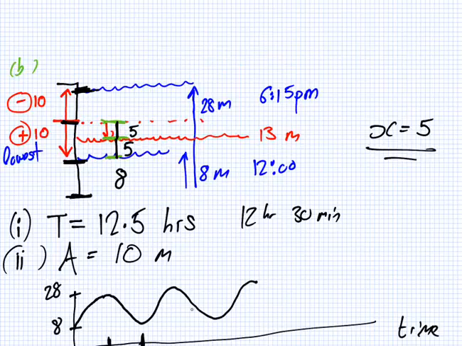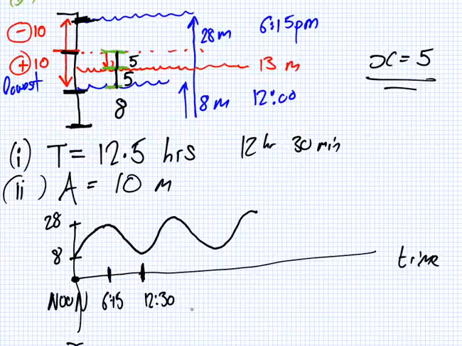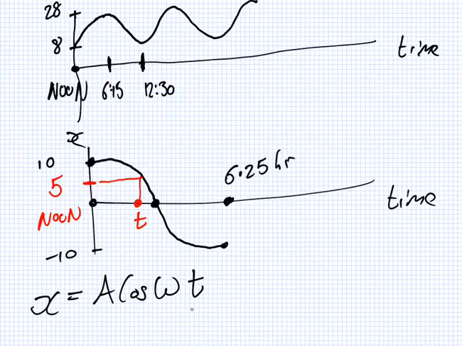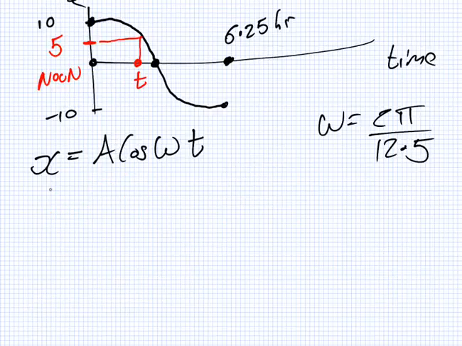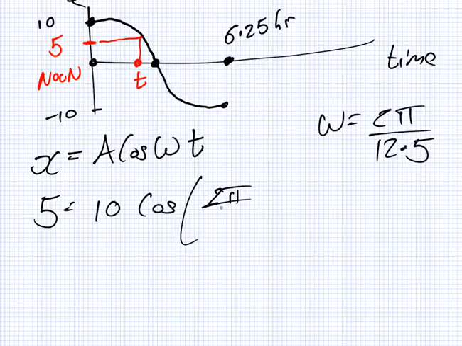It'd be 12:30, and then this one here would be 6:45 p.m. Because 6:15 is PM. Let's just leave it at 2. Well, actually, we only need to do 2 because the question said draw the graph for 1 period.